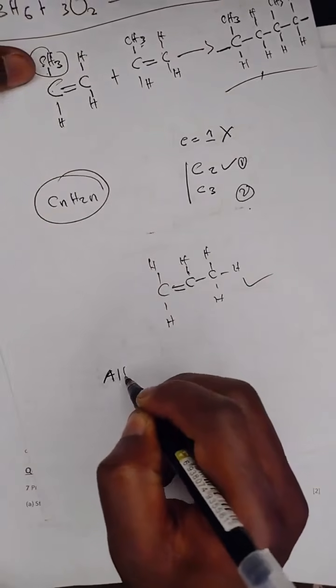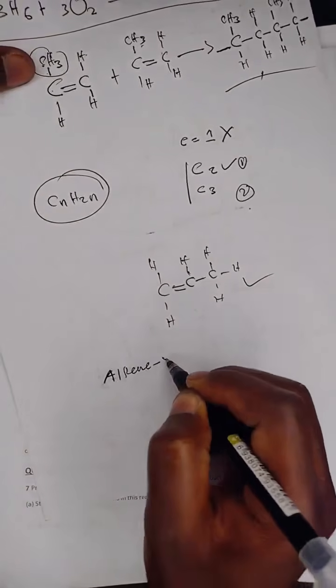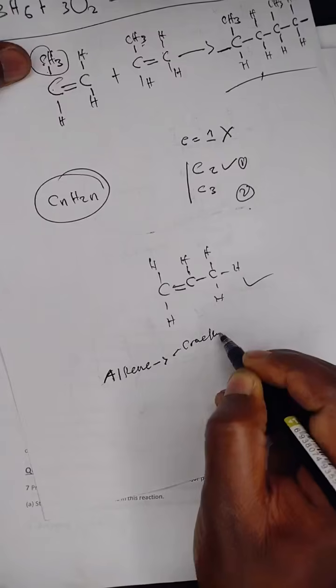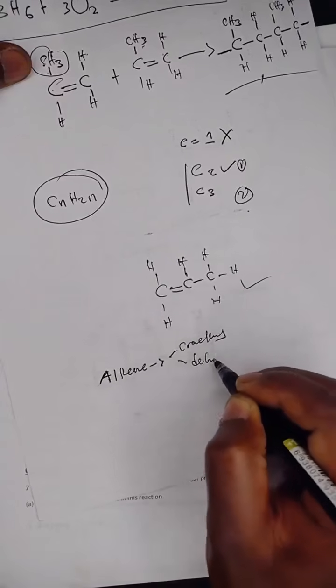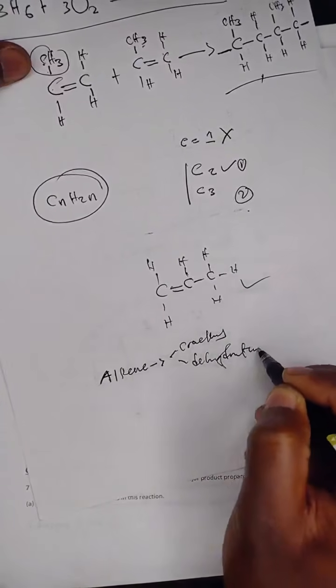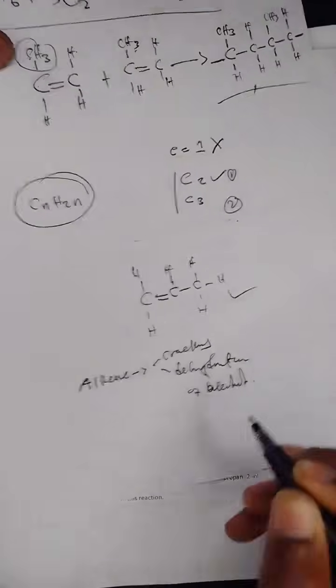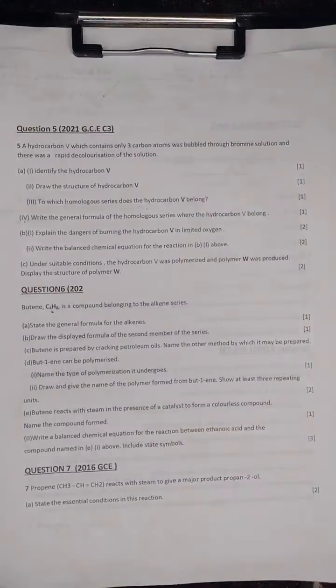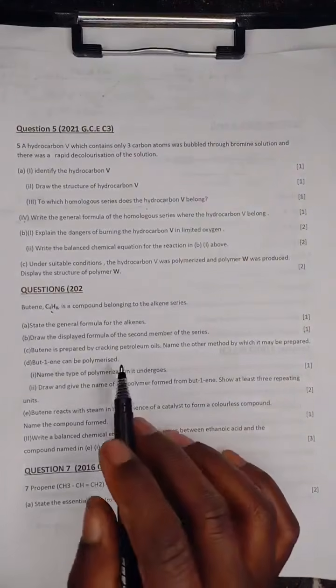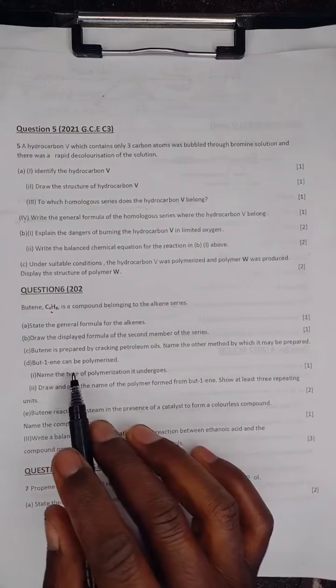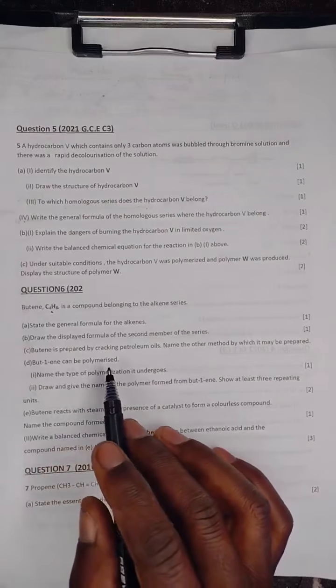Aside from cracking, we are looking at alkenes because butene is an alkene. So aside from cracking, the other method is dehydration of alcohol. Here, since cracking is mentioned, we can only resort to dehydration of alcohol.